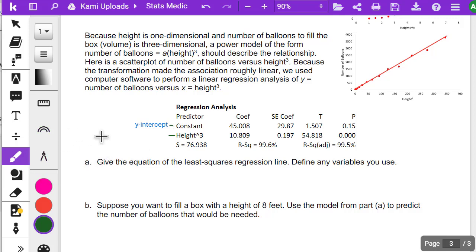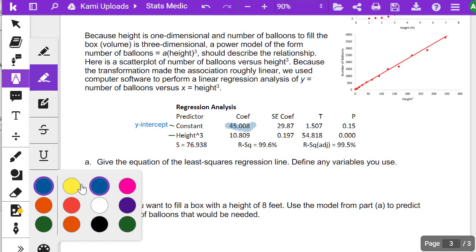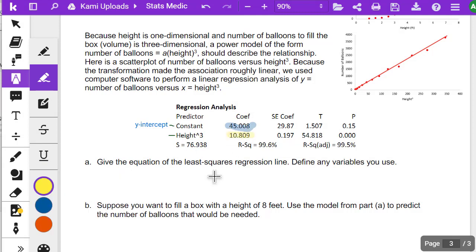So there's your y-intercept. And then we'll say this is your slope, okay? But remember your x is height cubed. So normally I would say 10.809 times x plus that.